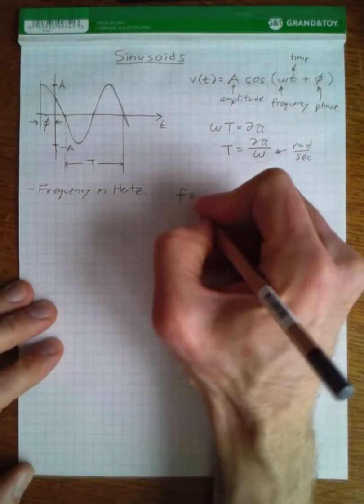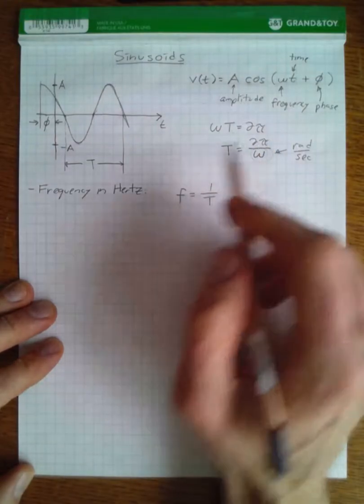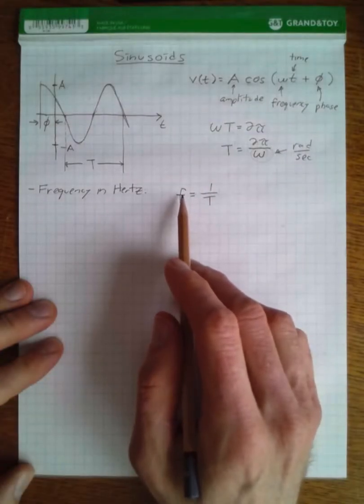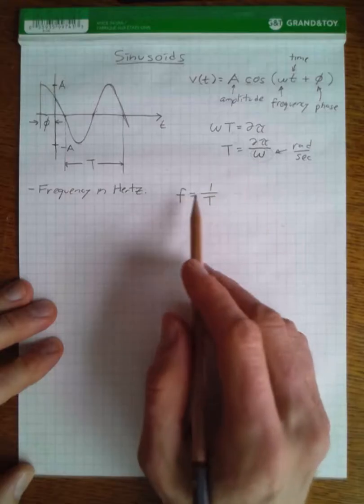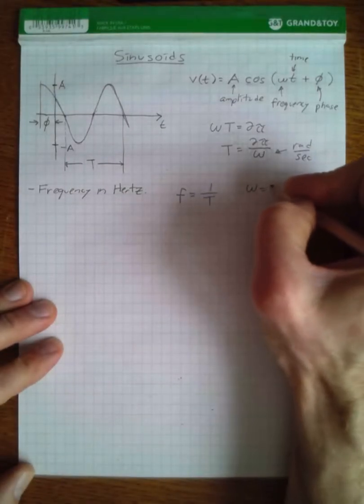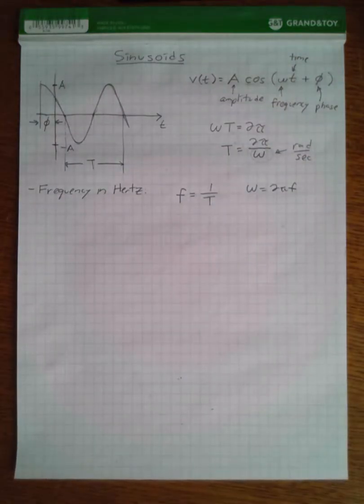And frequency in hertz is just equal to exactly 1 over the period without this 2 pi argument. And finally, if we want to relate frequency in radians per second to frequency in hertz, omega is equal to 2 pi f.